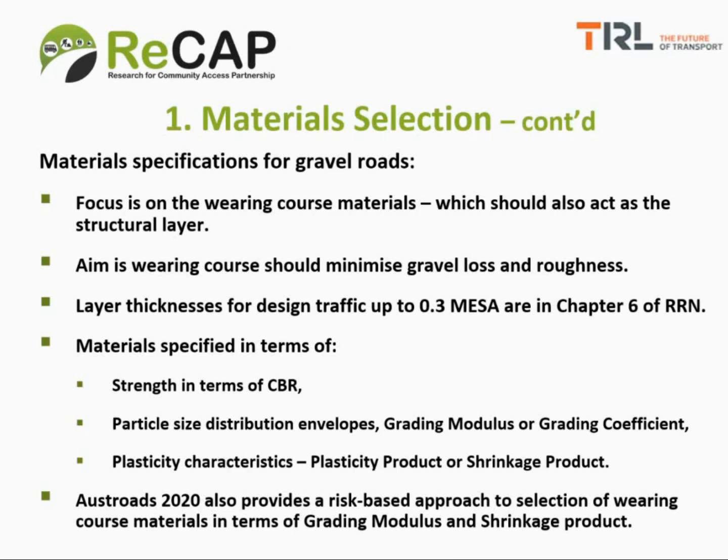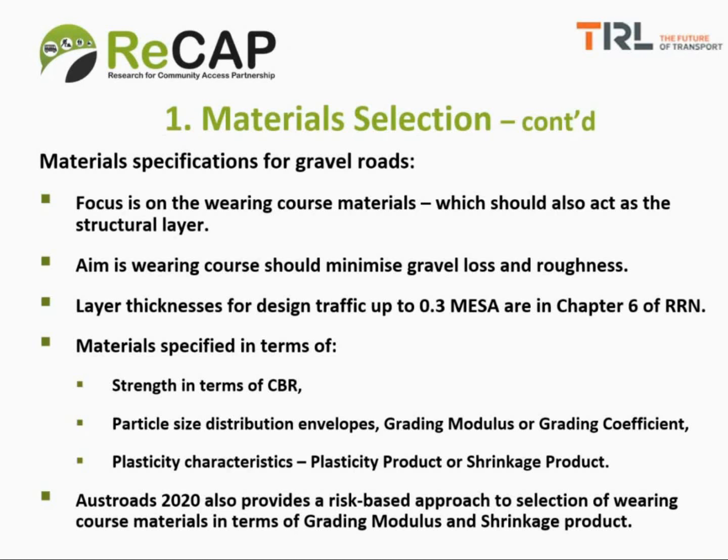And we have provided layer thicknesses for different design traffic levels up to 0.3 meter in Chapter 6 of the RRN. There are also additional specifications to make sure that gravel loss and roughness are minimized, and also that the material should be able to withstand some amount of traffic.